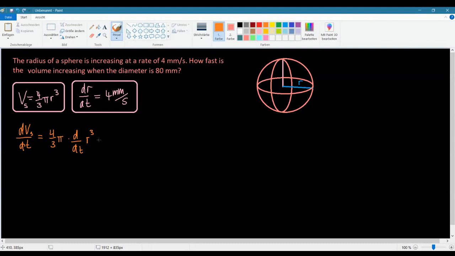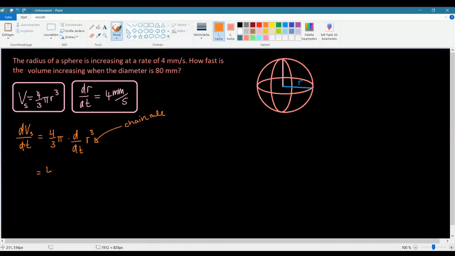Well, hold on a minute though, because r and t are not the same variable. Variable mismatch means chain rule. We're not going to go too much into detail about how to apply the chain rule. You probably know that by now if you're doing related rates.